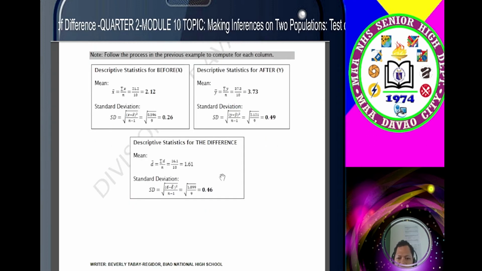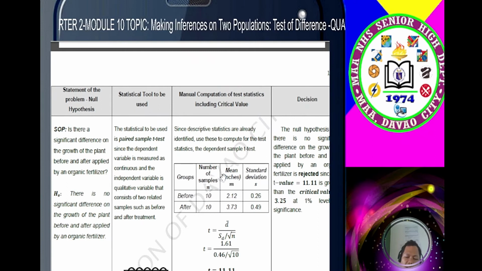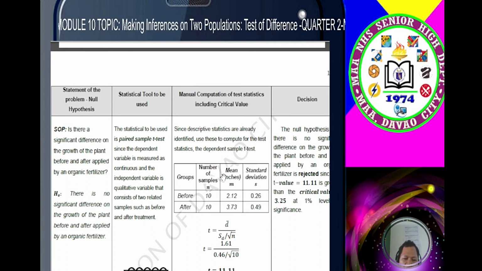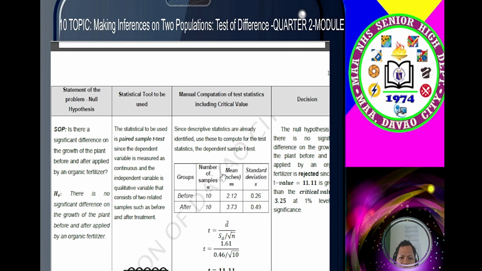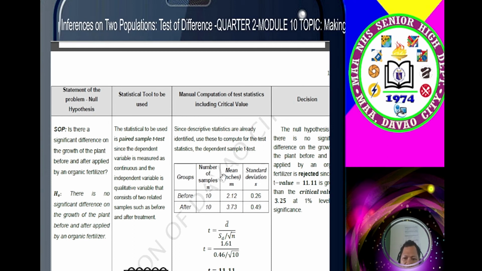Then after that, let's have this table. So let's analyze. Our statement of the problem is: is there a significant difference on the growth of plant before and after applying organic fertilizer?